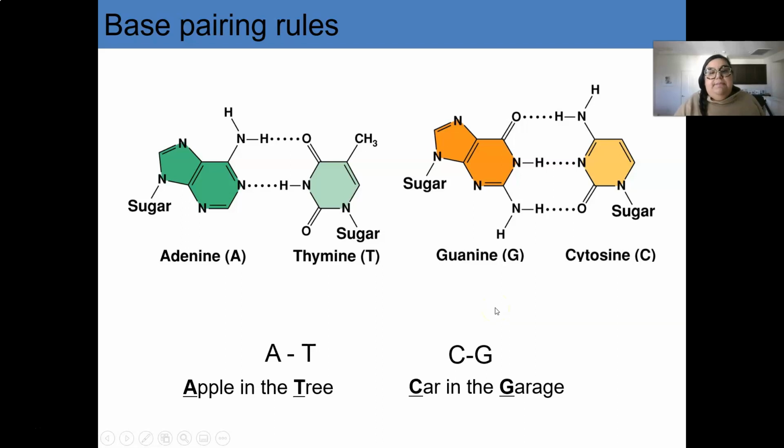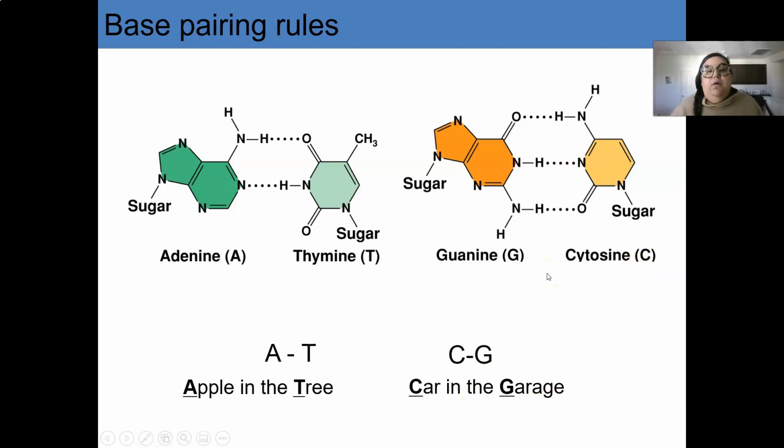So these bind together. Purines bind with pyrimidines. So A binds with T, and the apple goes in the tree, and G binds with C, or the car goes in the garage.